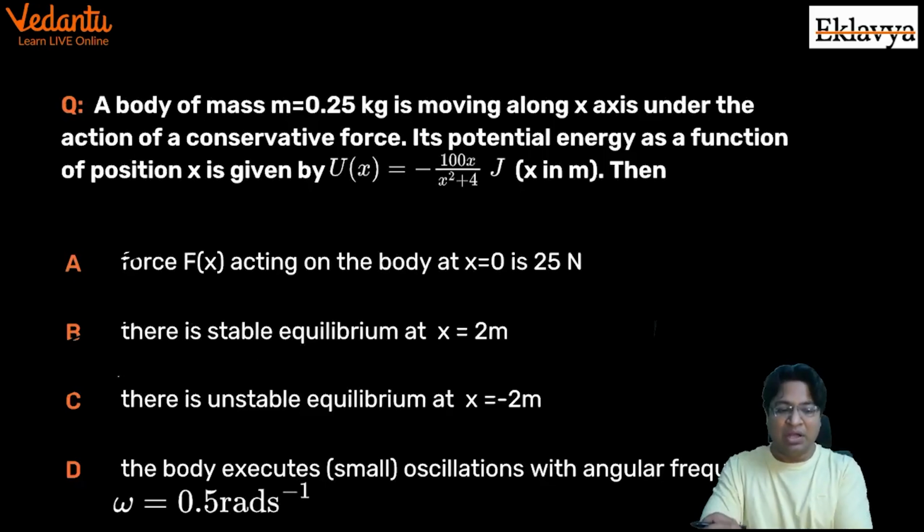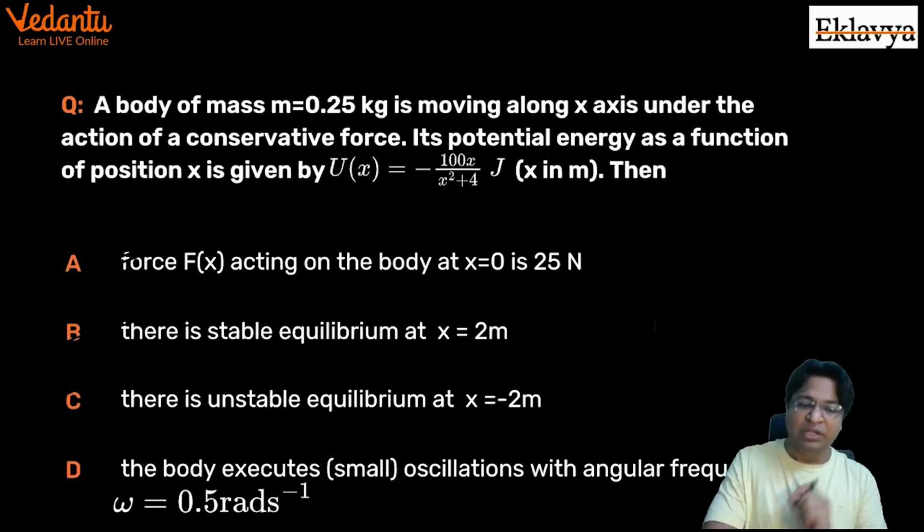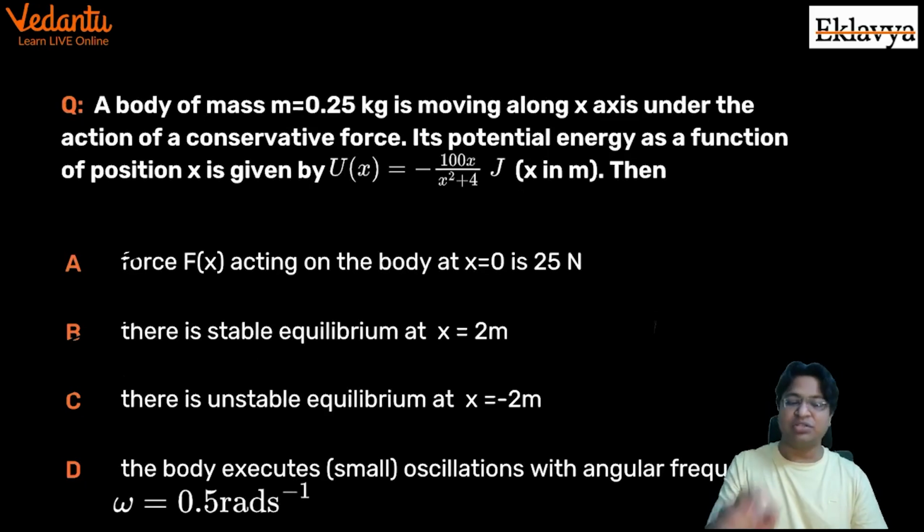Now the body executes small oscillations with angular frequency. So first of all, the body can execute small oscillations only about the stable equilibrium position. So we must be discussing oscillations about x equals to 2. To know about the angular frequency, the force you have found out is 100 into 4 minus x square upon 100 plus x square.